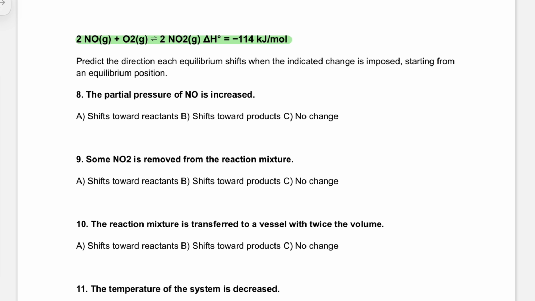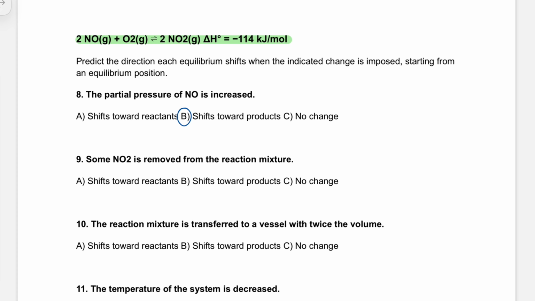If we increase the partial pressure, remember that the equilibrium will always shift to counteract the change. So because we increase the amount of NO, it's going to want to decrease that to balance it out, and then the equilibrium will shift towards the products. So the first one is B.